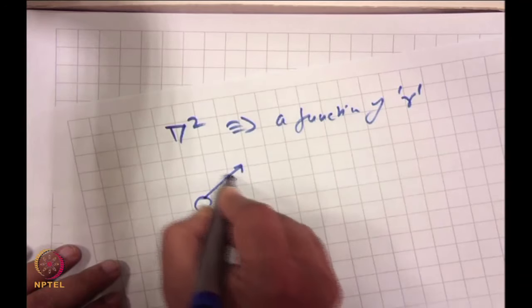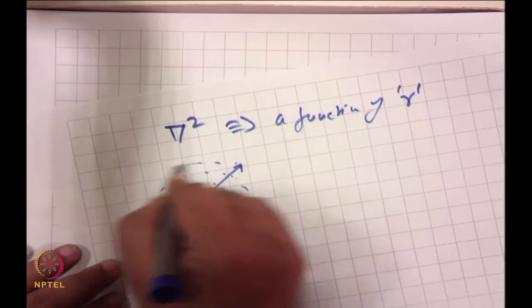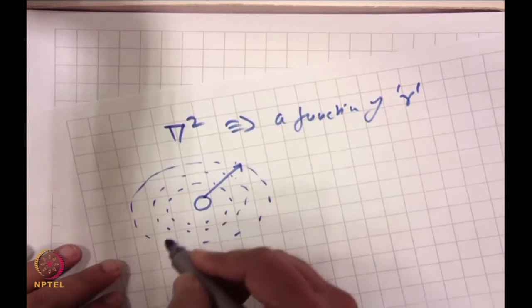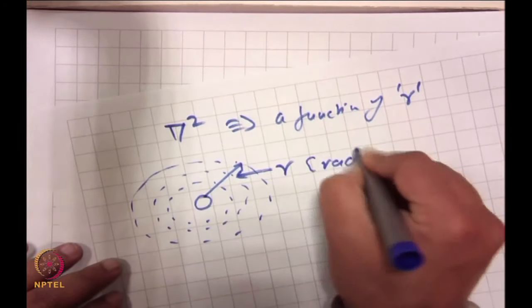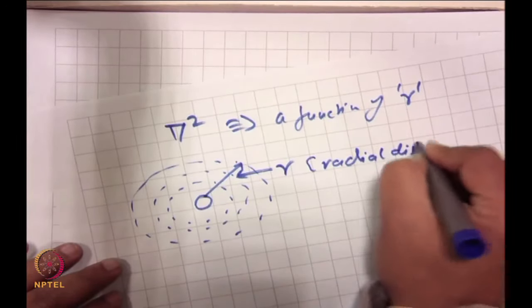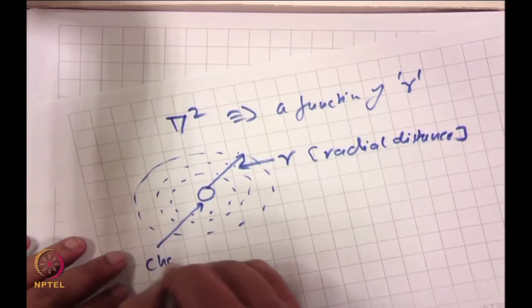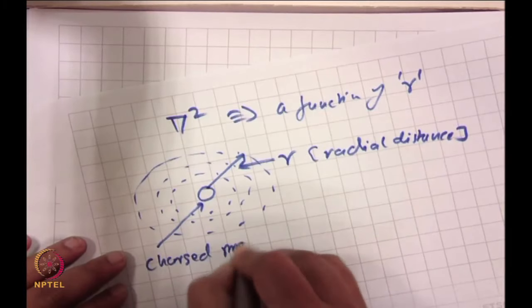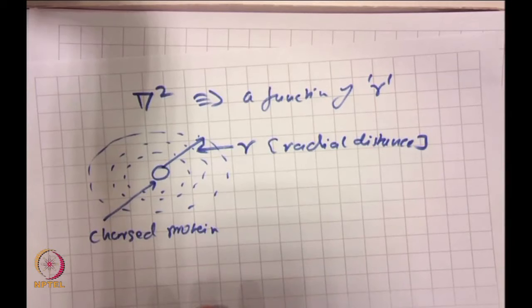That means your charges are spherically distributed like this, and this is r, the radial distance, and in the middle you have your charged protein. Again, no theta and phi dependence.